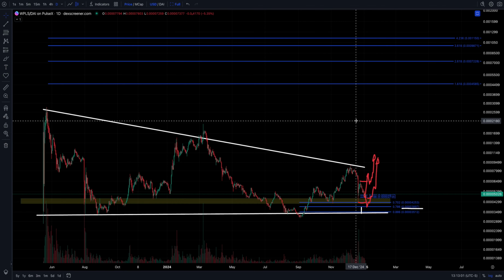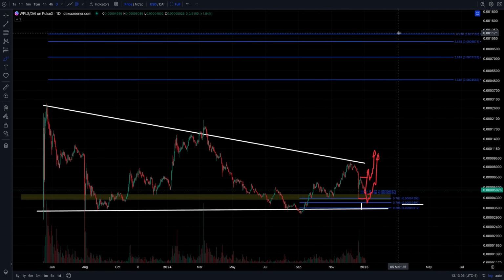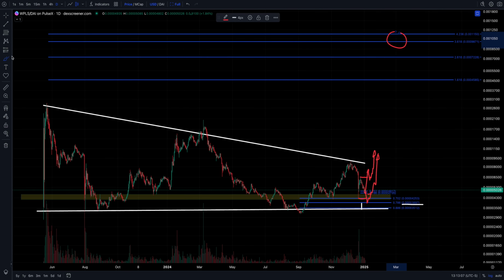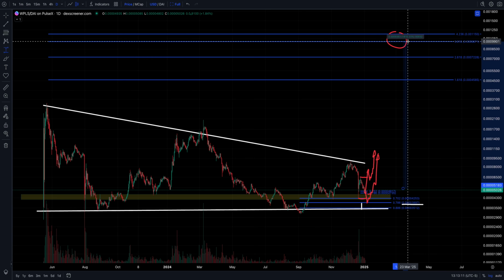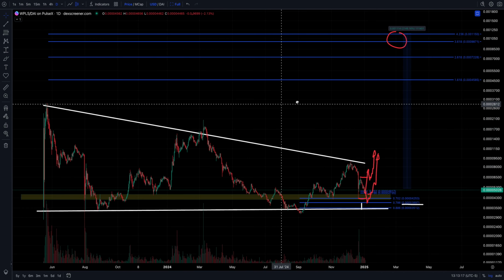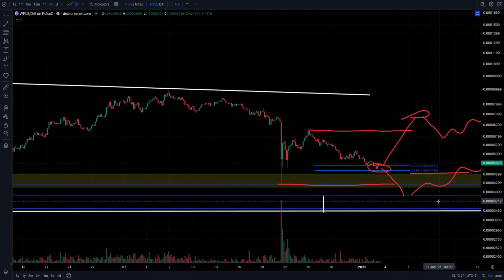So we'd be looking at the 4.236% extension. And that would be minimum, so about 18 to 20x. Okay, so same thing as PulseX. Okay, so these are the two different trajectories.